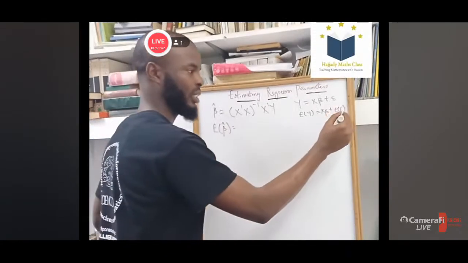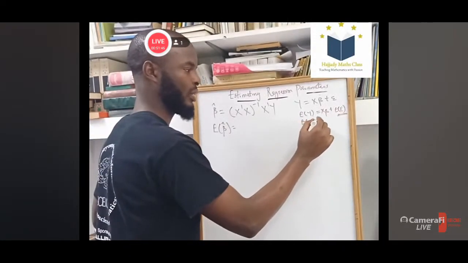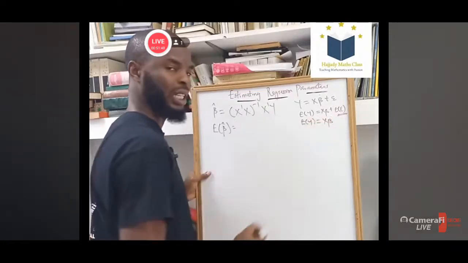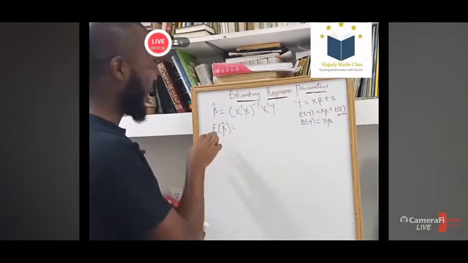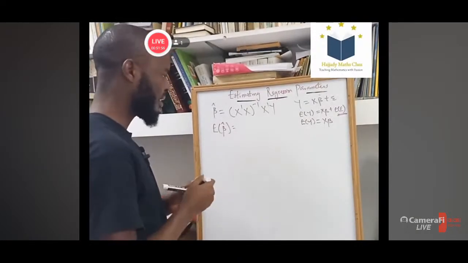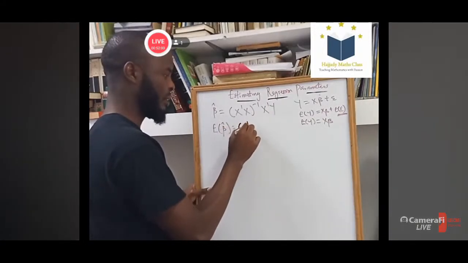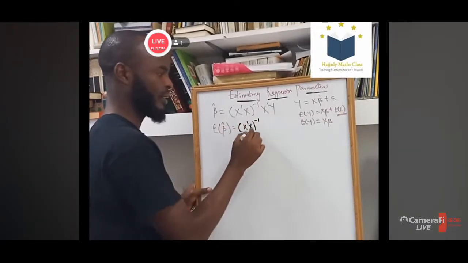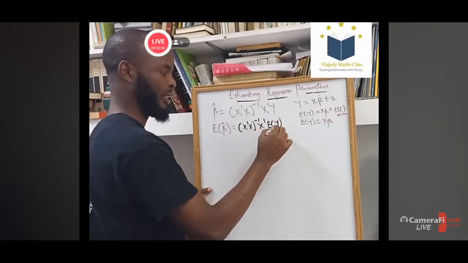That shows that the expectation of epsilon is 0, so our expectation of y is going to be x beta. So here I'm having the expectation of beta cap, which is the same thing as saying x prime x inverse x prime times the expectation of y.